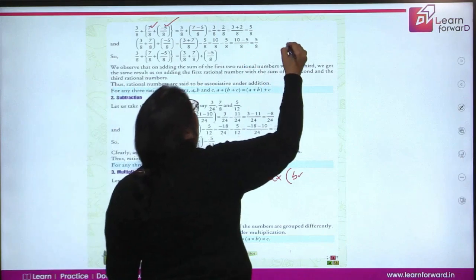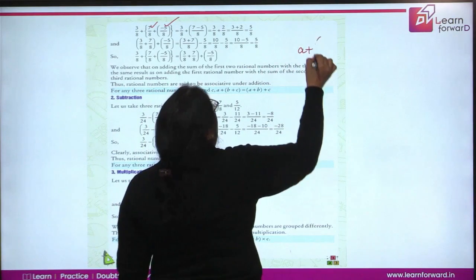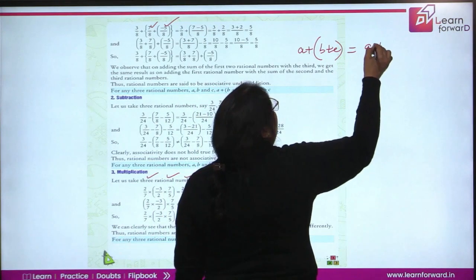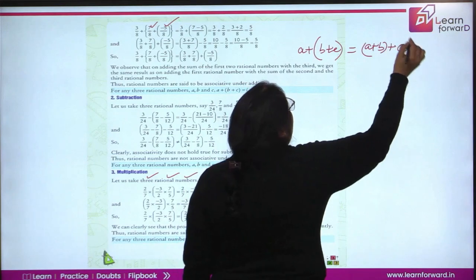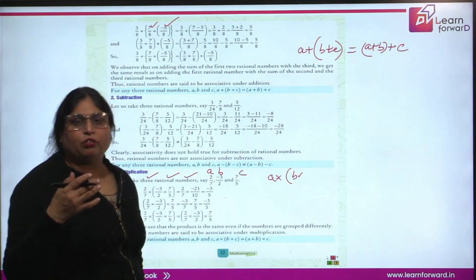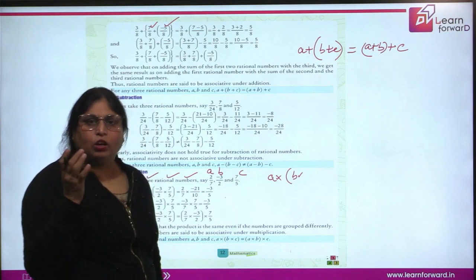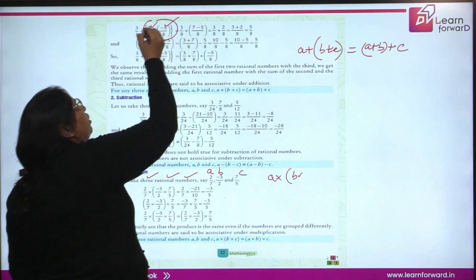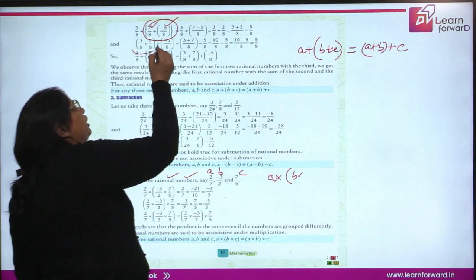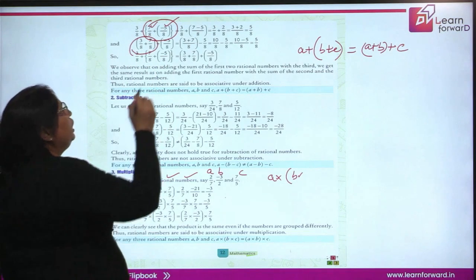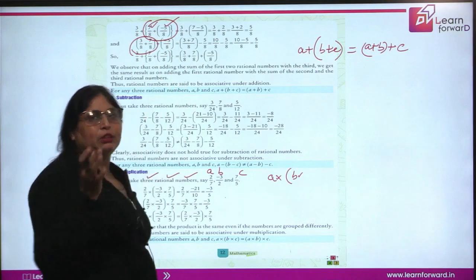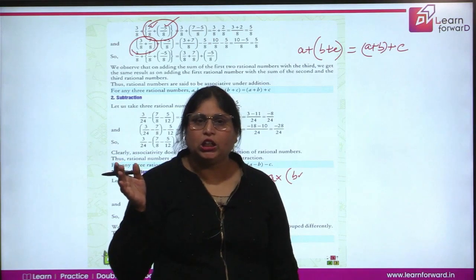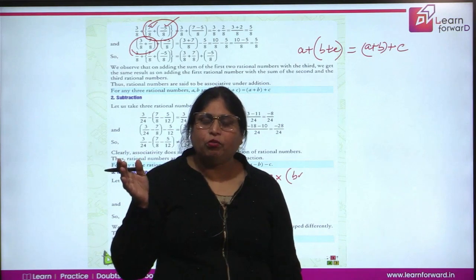First, we are taking A plus B plus C. For the second case, we are taking A plus B together, and C will be out of the bracket. So in the first case we are taking these two within the brackets. For the second case we are taking these two rational numbers in the bracket. 3 upon 8 plus, first of all, we have to take the calculation of the bracket.